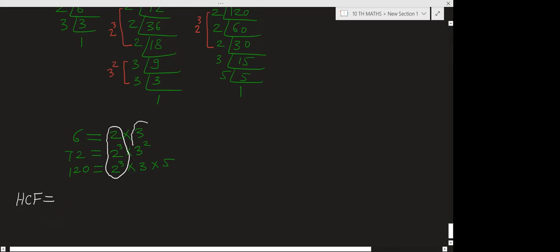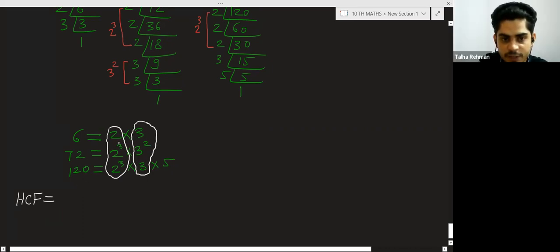Sir, it will be 6. Okay. Lowest power means here 2 is the only common... we take the common factor 2, and after that the common factor 3, each with the lowest power, which is 1. 2 to the power 1 and 3. This will be 6.